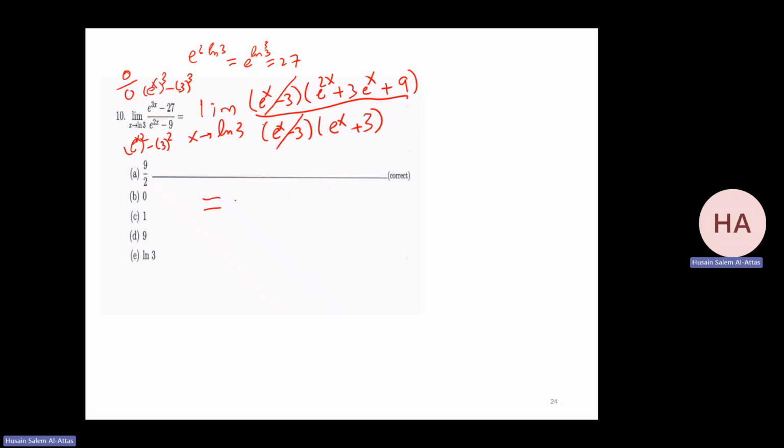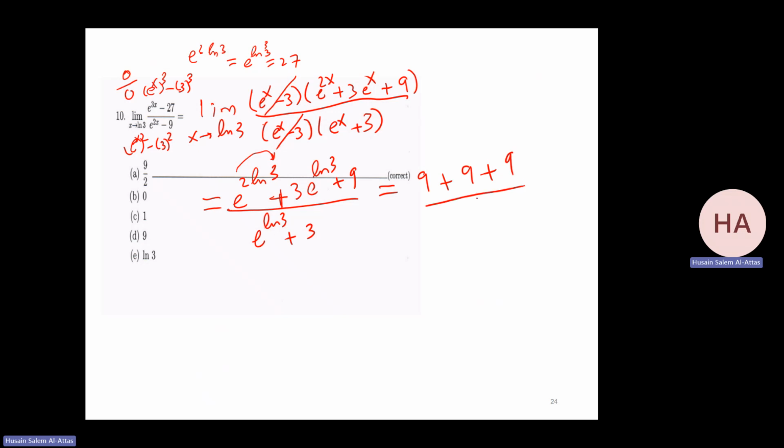So we have what? e to the 2 ln 3, we need to be careful, plus 3 e to the ln 3 plus 9 over e to the ln 3 plus 3. Yeah, this will go as a square, so it's 9. This is 3 times 3, plus 9, plus 9. 3 plus 3, that will be 6. So you have 27 over 6. Divide by 3, you have 9 over 2. And that will be the answer.